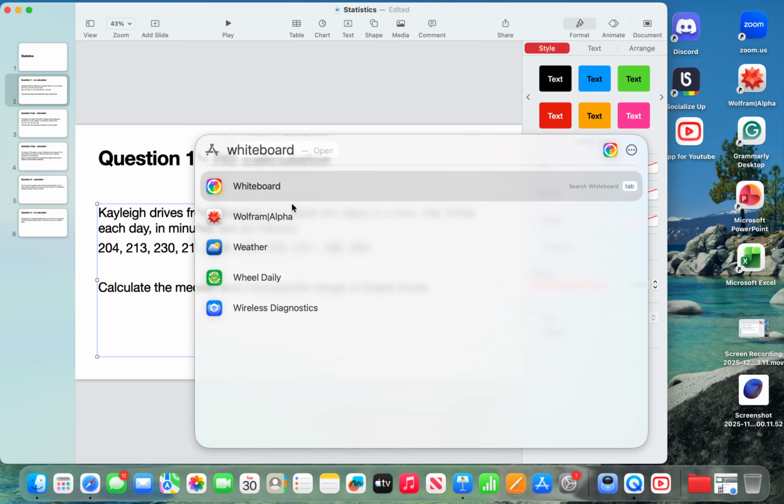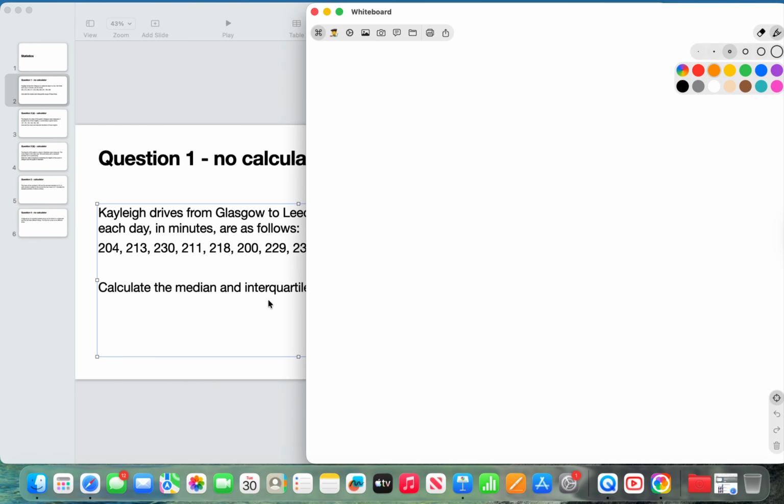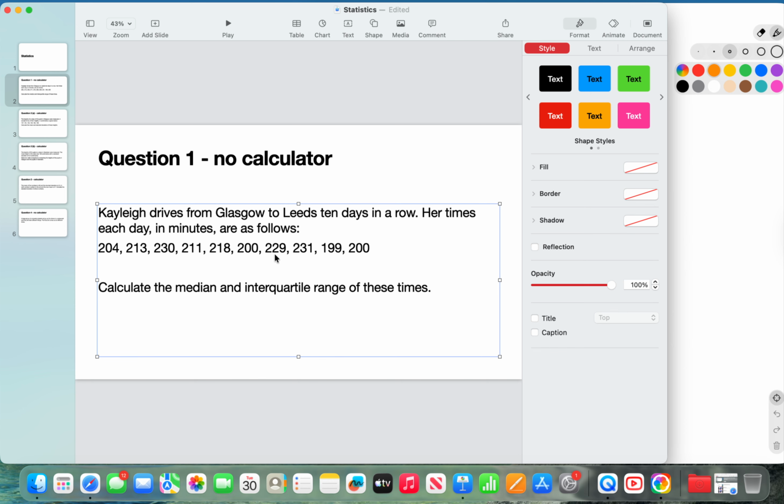So what we have to do is look at the numbers, and if we want to find the median and the interquartile range, you have to write all of the numbers in ascending order. We have 10 numbers, so pause the video if you want to do this yourself, but I'm going to continue.